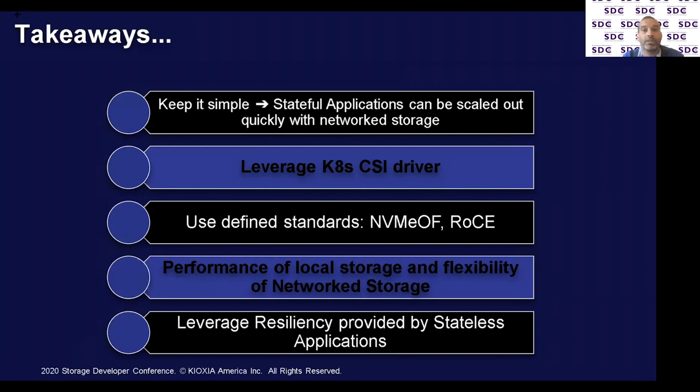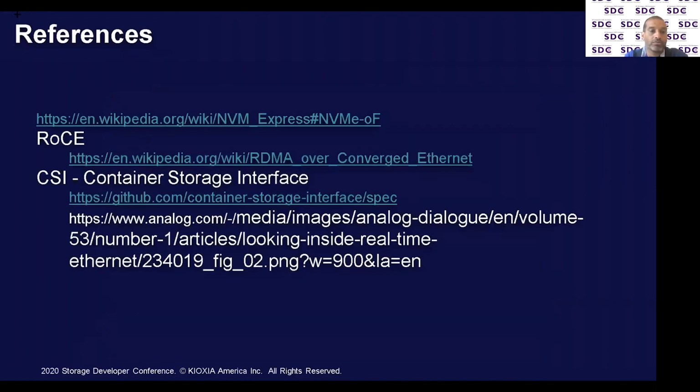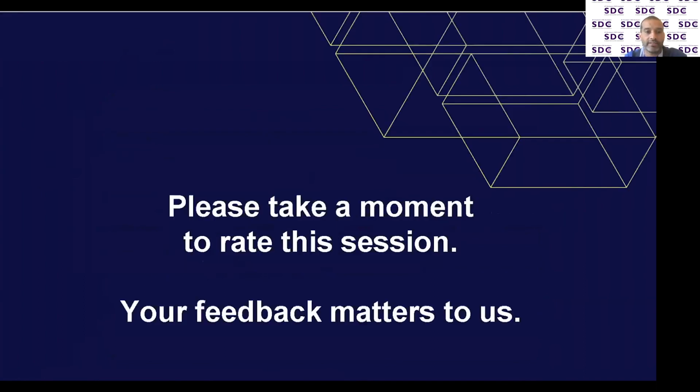Most of them leverage that. In case any application does not provide it and needs it, use it from the storage. Here are some of the references I used to build these slides, and that concludes my session.